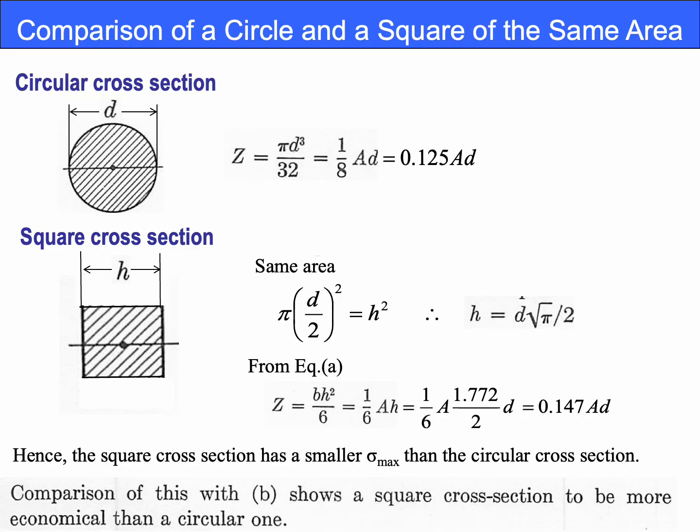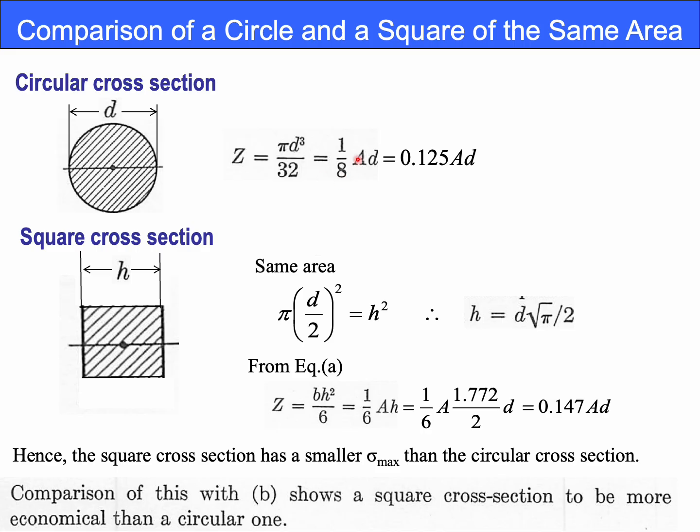This page is a clean demonstration that shape matters even when area is the same. Look at this circular cross section. The circle has diameter d. The section modulus is shown as Z equals pi d cubed over 32.